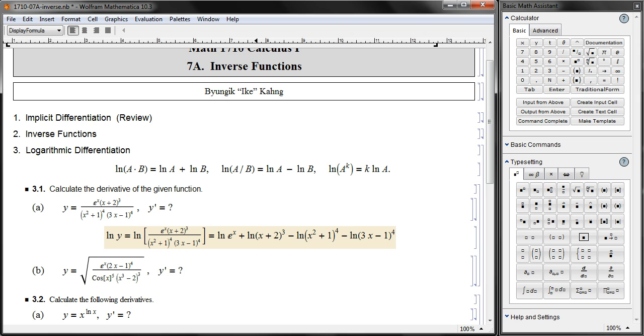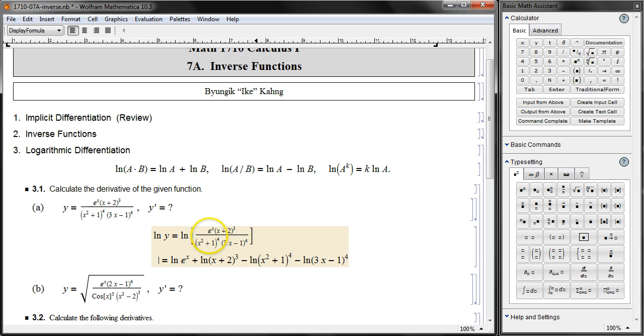Are you with me here? Everything in the numerator becomes positive, everything in the denominator becomes negative. Basically, we are using rule 1 and rule 2 at the same time.